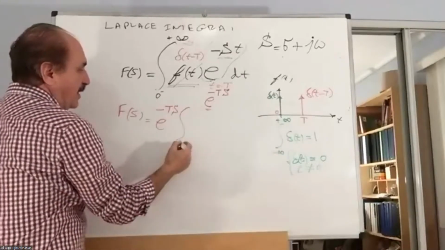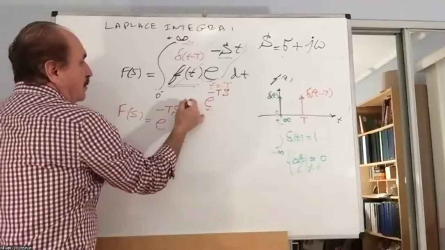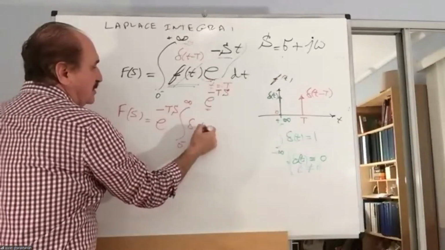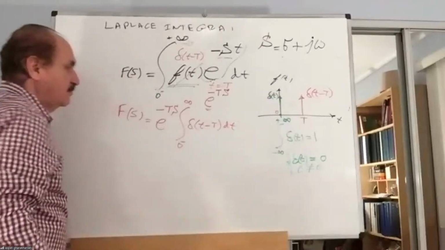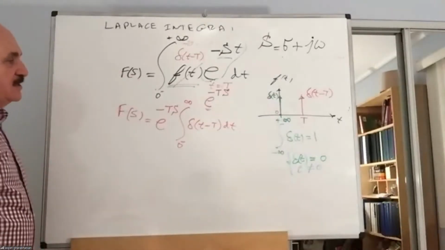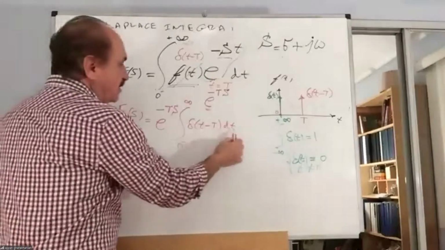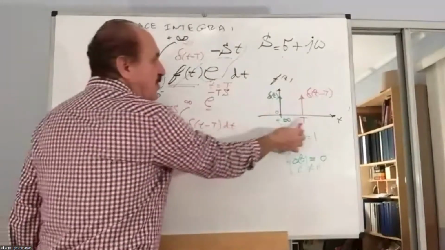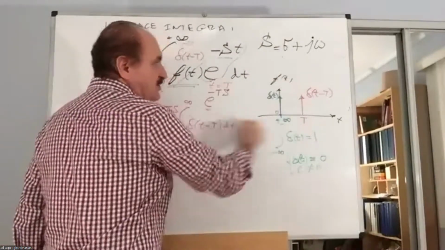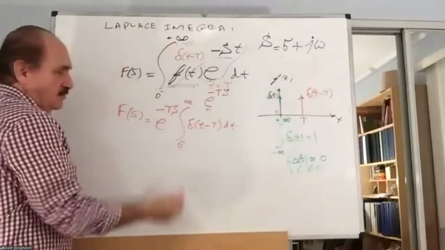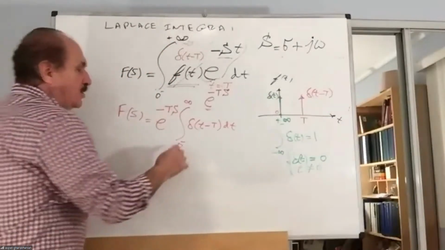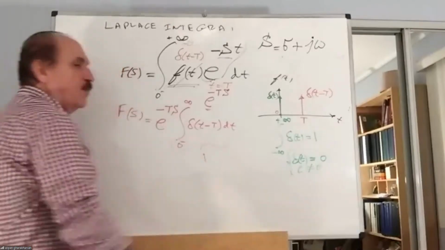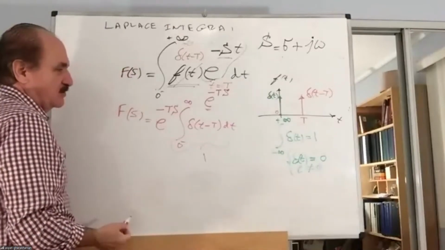Now apply integration to the delta of t minus T dt. Okay, and we know what that is. Delta of t minus T is the area under the impulse from minus infinity to plus infinity, that's the range, which means it's going to be 1. So what is the outcome?